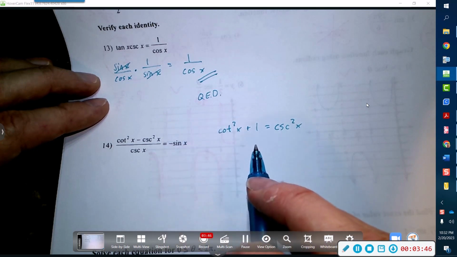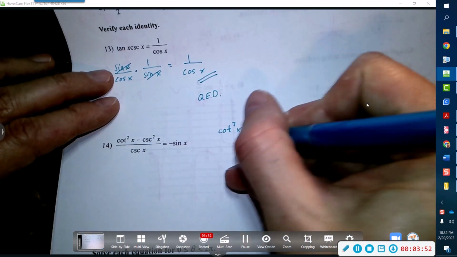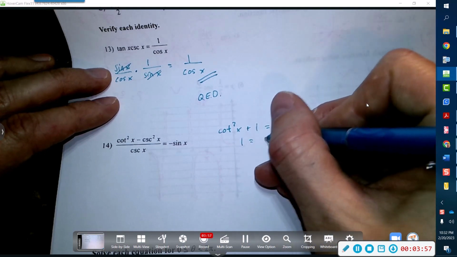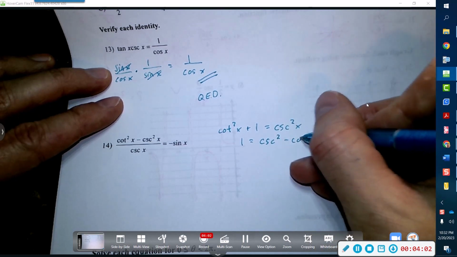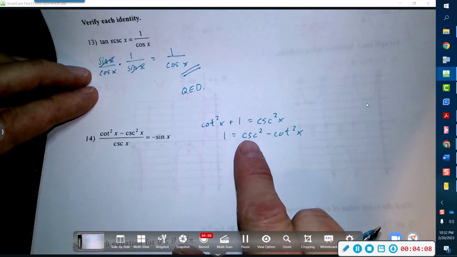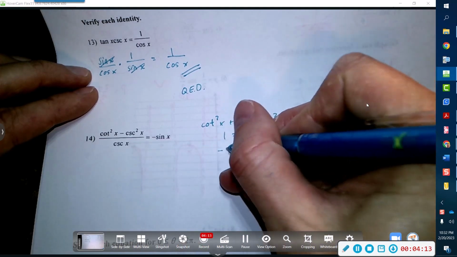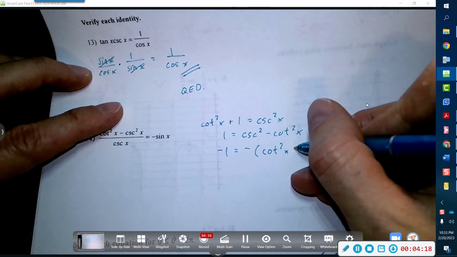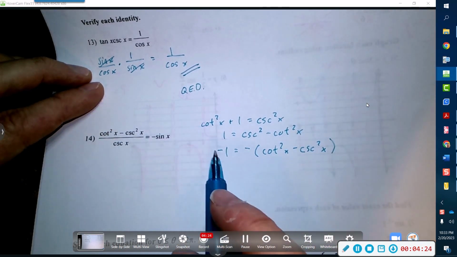What if I move him over, so 1 equals cosecant squared minus cotangent squared. And what if I want these guys to switch? I can switch the order of this, but it makes this a negative, equal to -1.